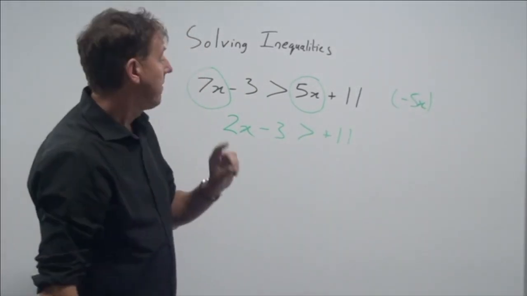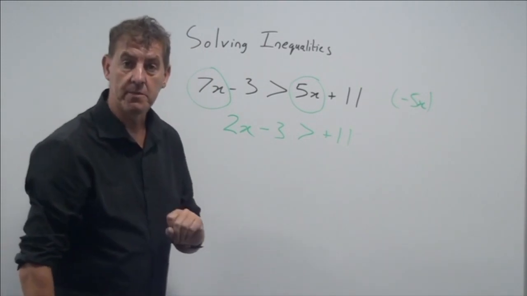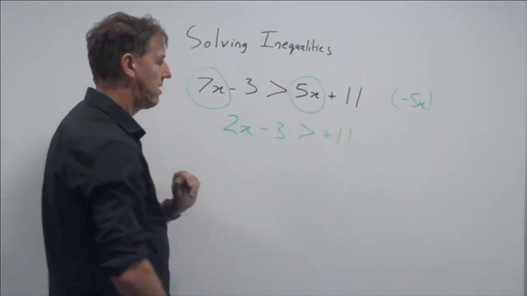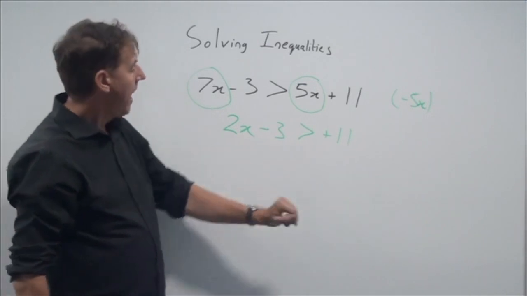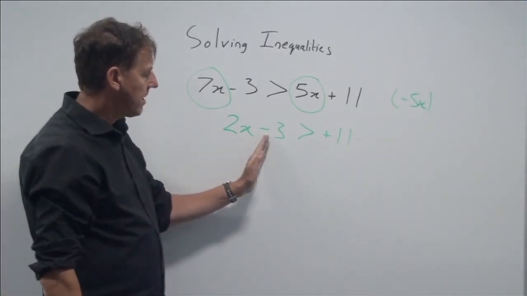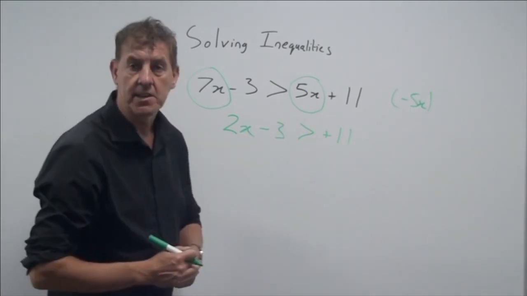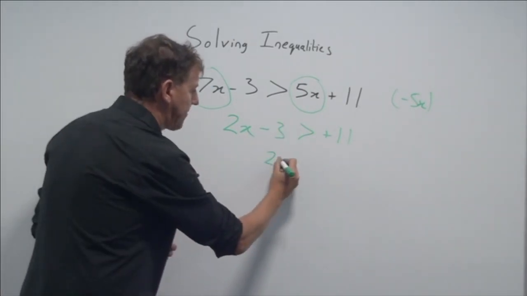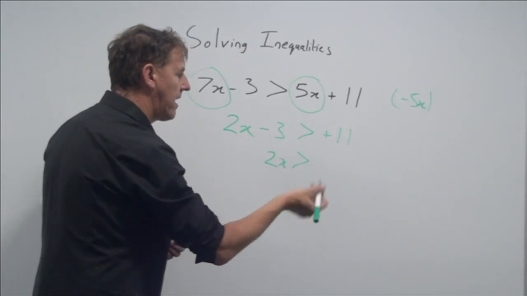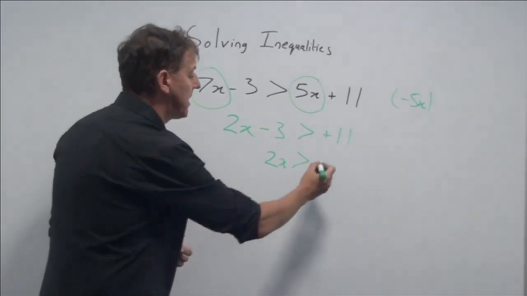Now I'm back to that first inequality question that I did with you. Which of these numbers is out the way already? Plus 11. How am I going to get rid of minus 3? I'm going to do the opposite. I'm going to add 3 to both sides of this inequality. So when I add 3 to that plus 11, it makes a grand total of 14.